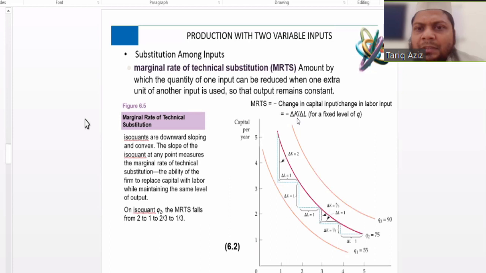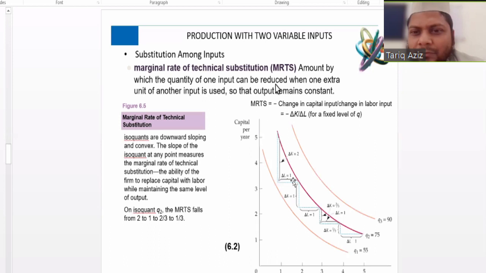So the change in capital is 2 and the change in labor is 1. If we divide change in capital by change in labor, that gives us the MRTS, the marginal rate of technical substitution. So at this point, the marginal rate of technical substitution is 2, because 2 divided by 1.